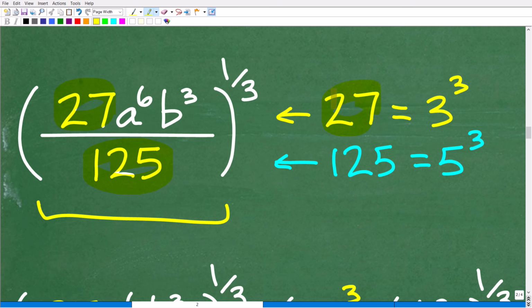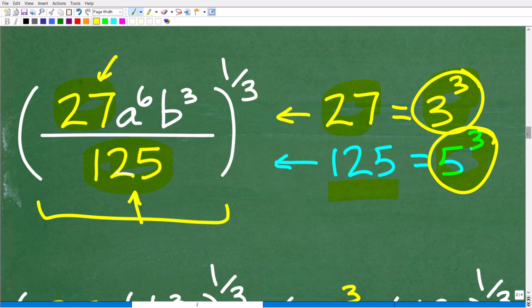So 27 can be written as 3 cubed, 3 times 3 times 3. Now, some of you might be like, what's that, 9 times 3? Oh yes, 3 times 3 times 3 is 27, and 125 is 5 cubed. 5 times 5 is 25, times 5 is 125. So we're going to want to rewrite both of these values right here as 3 cubed and 5 cubed.